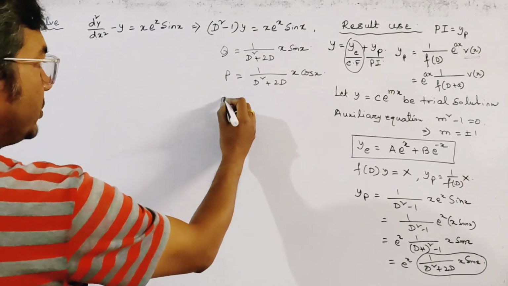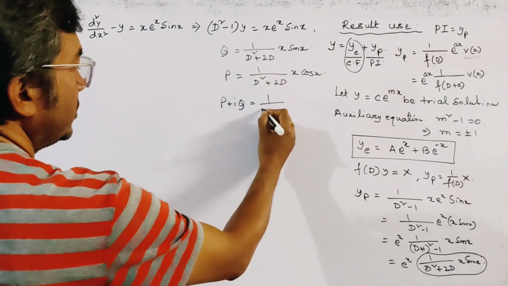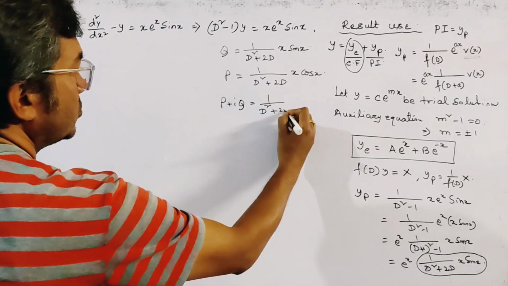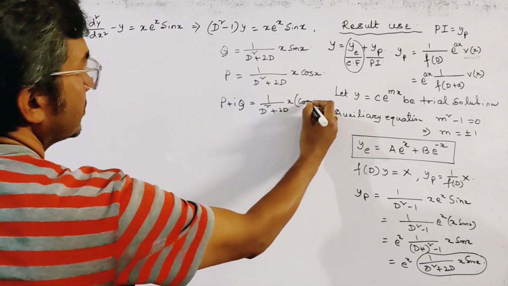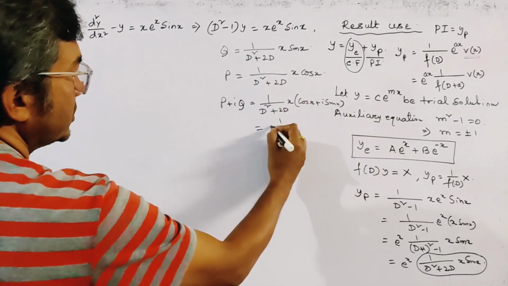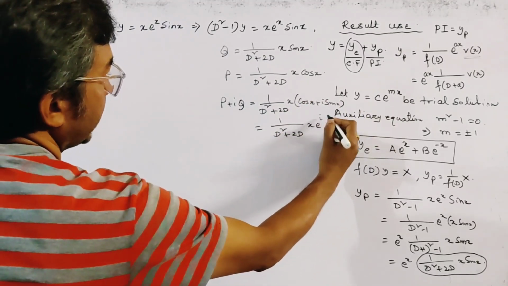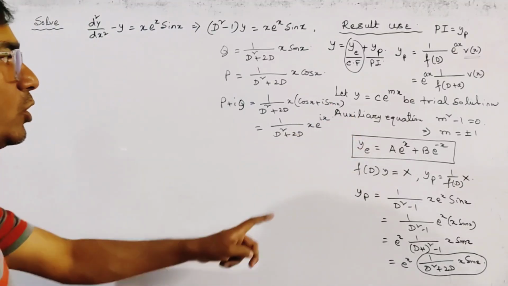Then we get P plus iQ, a complex number. By taking common, we get 1 by D square plus 2D into x (cos x plus i sin x), so this is 1 by D square plus 2D into x e to the power ix, because this is the Euler form of a complex number.